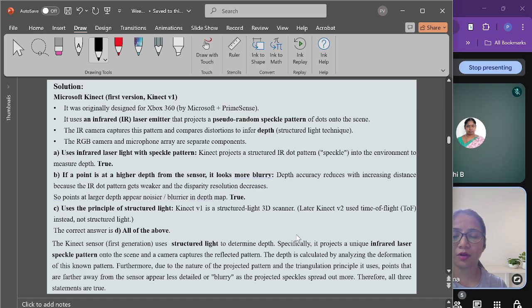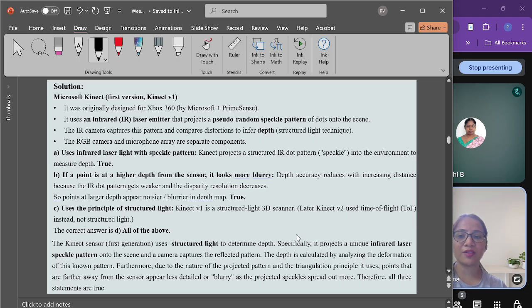Now the next option is, if a point is at a higher depth from the sensor, it looks more blurry. The depth accuracy reduces with increasing distance, because the IR dot pattern gets weaker and the disparity resolution decreases.